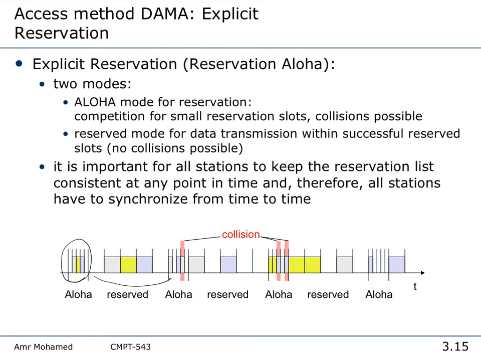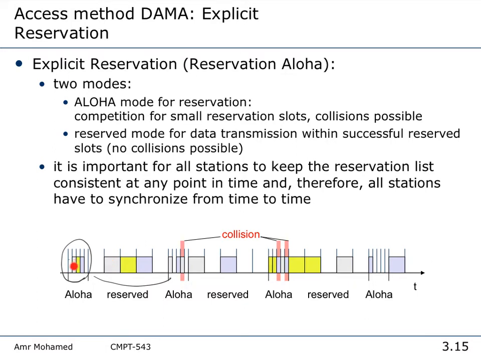During this phase, we will divide it into many small time slots. In every time slot, the nodes will contend for access using slotted Aloha. If a node sends on this time slot successfully, this node will have the first transmission time slot reserved for it.